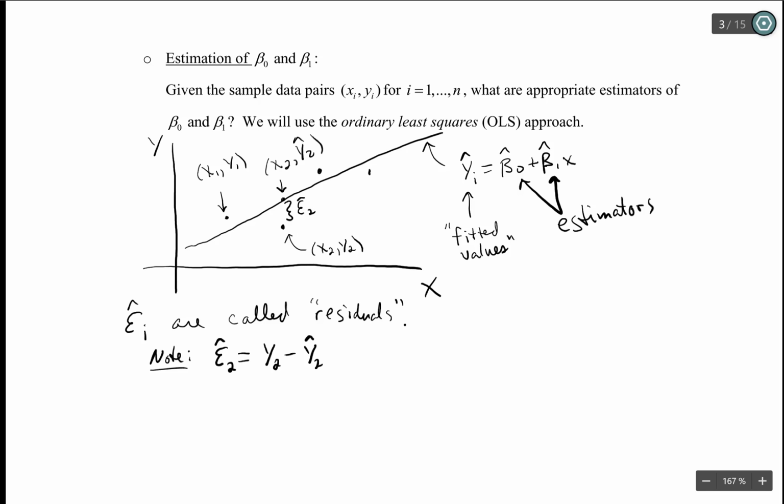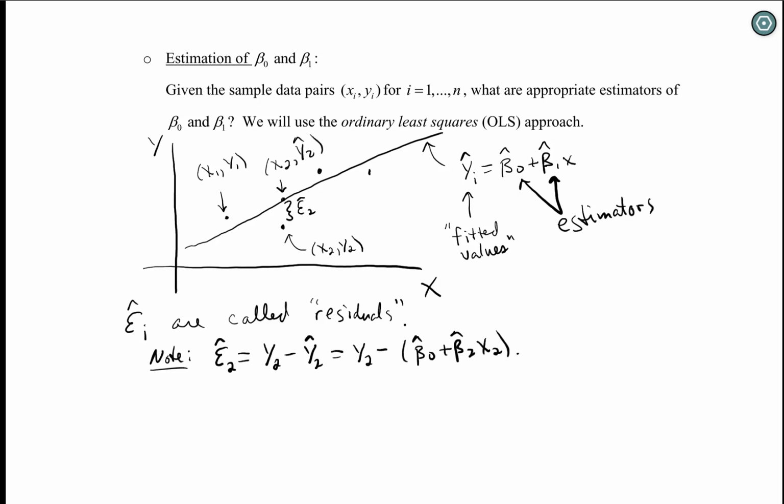Okay, and we could go a step further. That's the observed response minus the fitted value, which would be beta naught hat plus beta 1 hat times x2. That's the residual. The least squares approach says, if you want to find a line of best fit, let's minimize the distance between our line and the data.